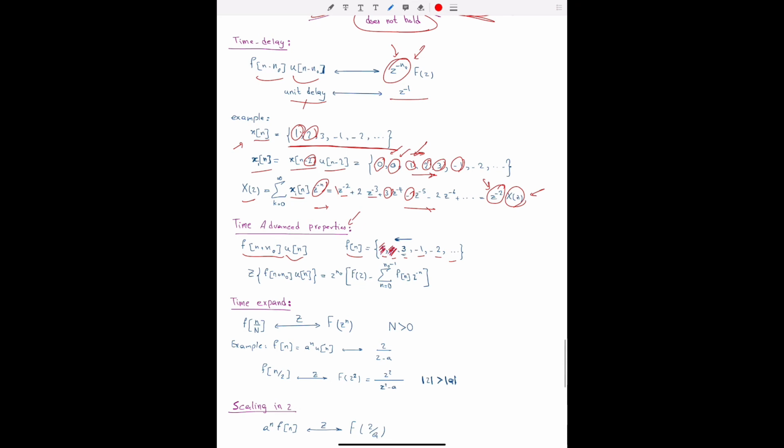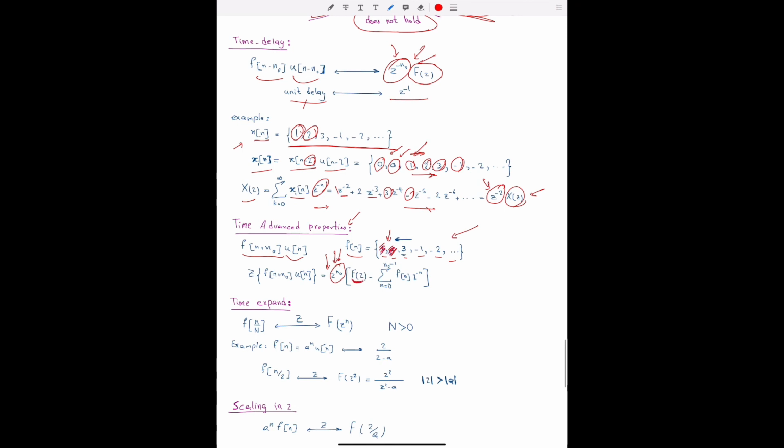We have the same kind of structure with z to the power of n naught. In the time delay we had z to the power of minus n naught; for time advance, we have z to the power of n naught.